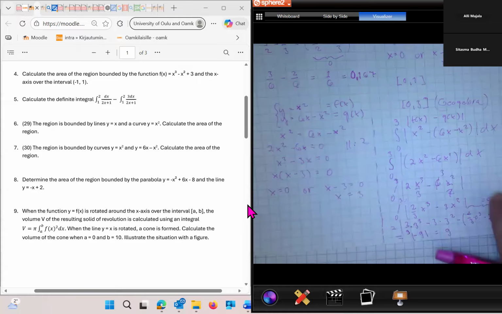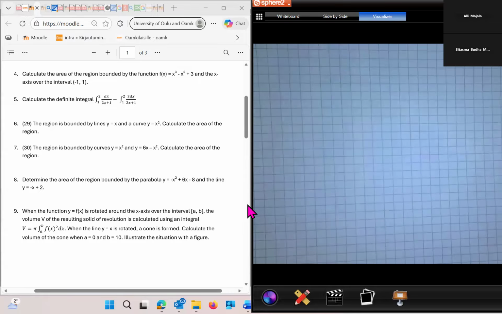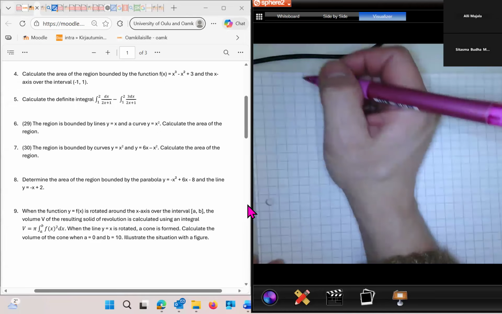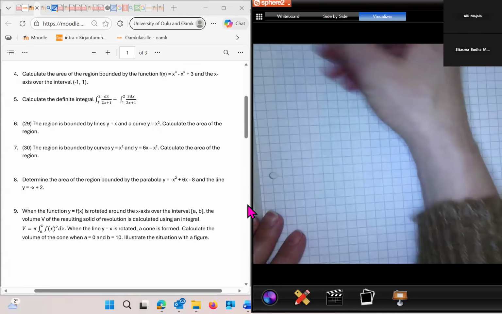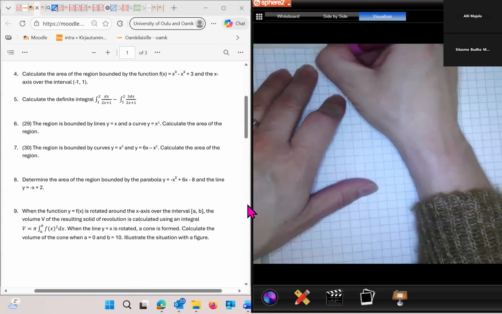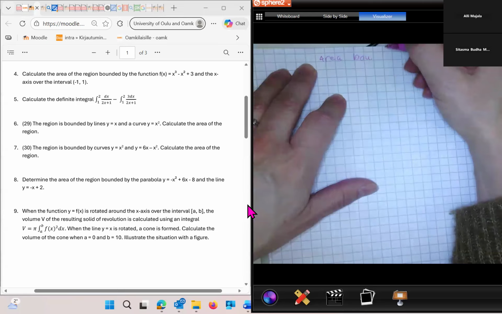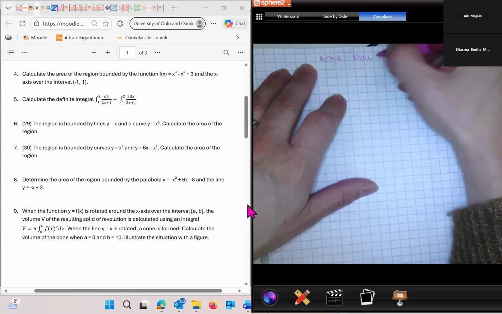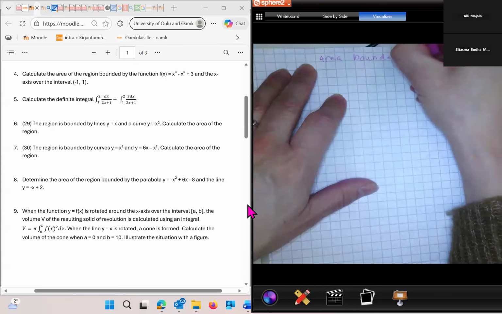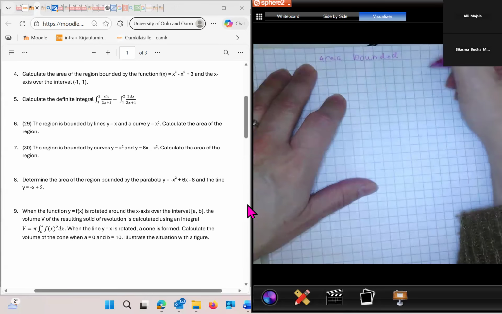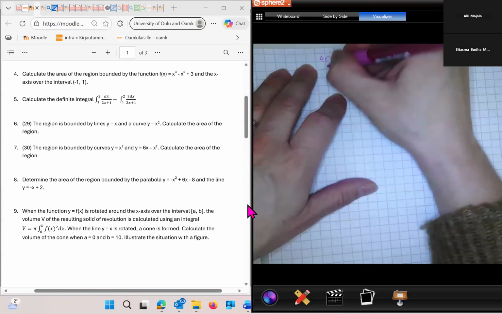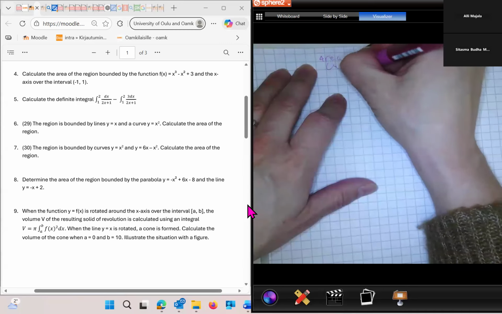This is where we ended up. So again, we are still in the area bounded by curves. There's still one more exercise at least of that.